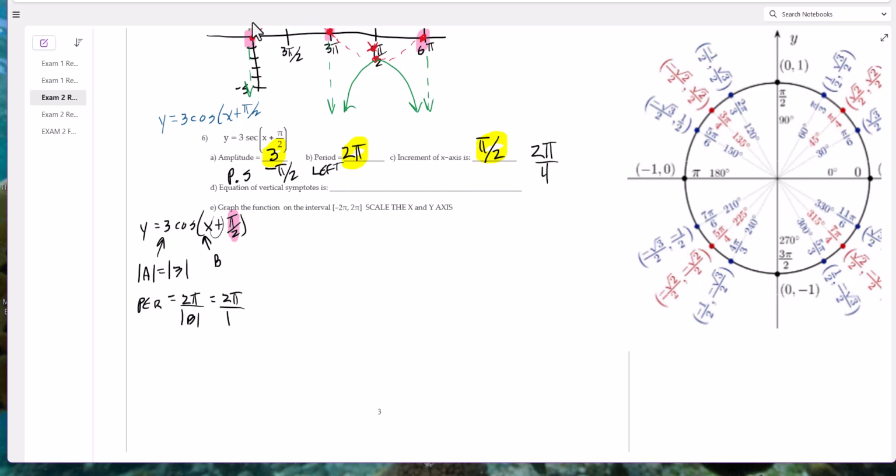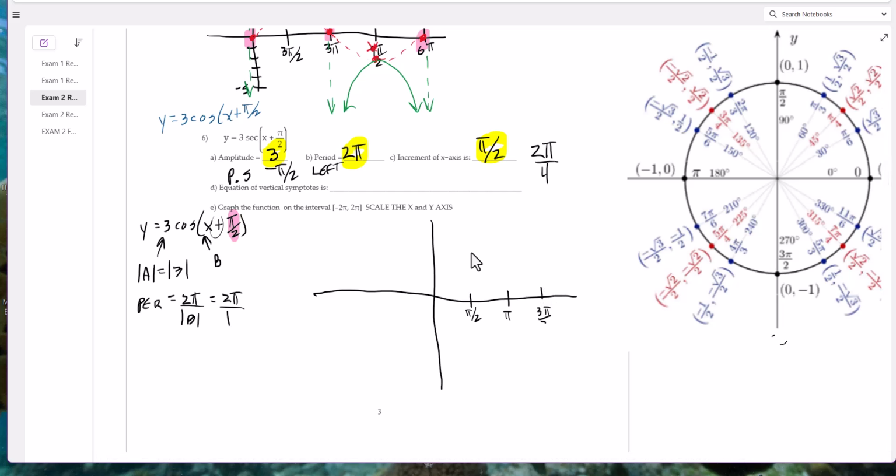And what I'm going to do when I draw out this increment is graph from negative 2 pi to 2 pi. So I'm going to get this put together: pi over 2, pi, 3 pi over 2, and out to 2 pi.